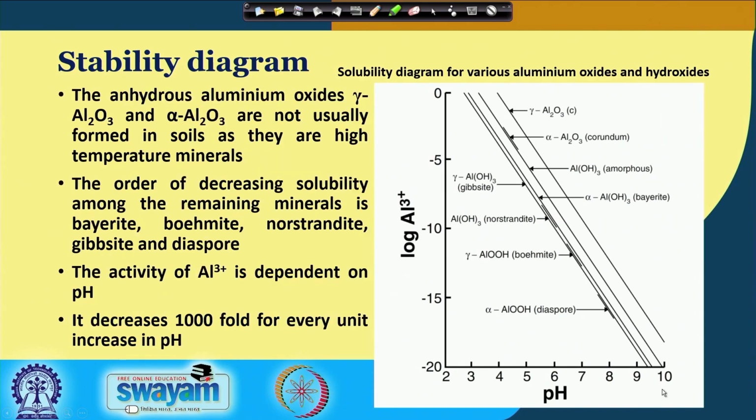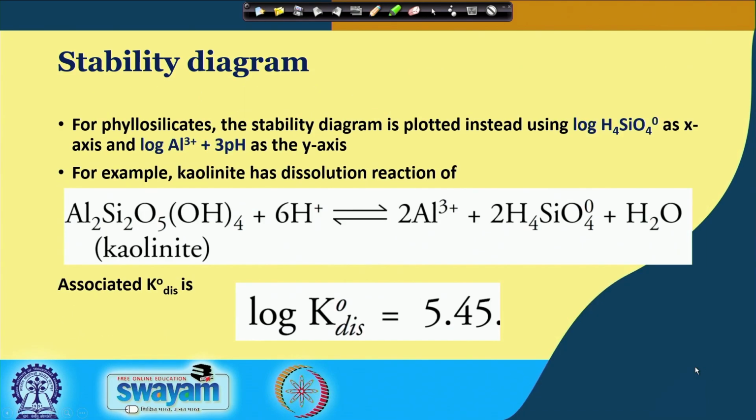A similar diagram can be made, and I showed you in the case of kaolinite, which has a dissolution reaction where kaolinite reacts with 6 protons to produce aluminum and silicic acid and water.